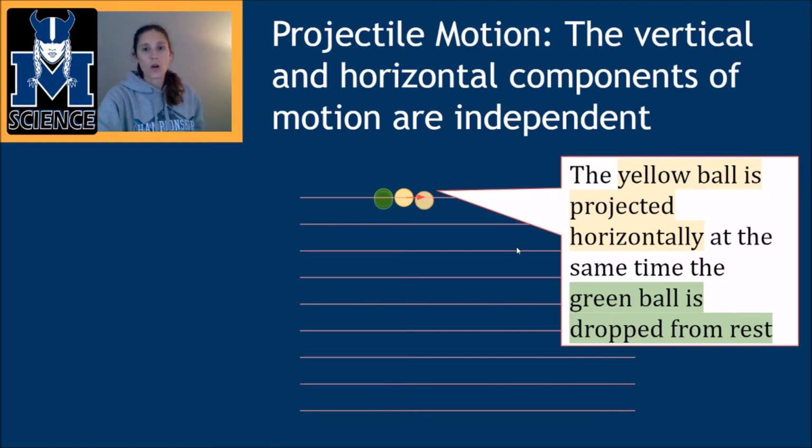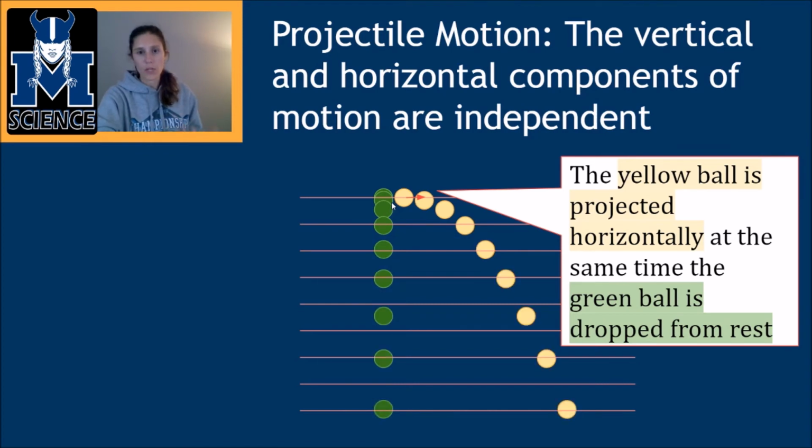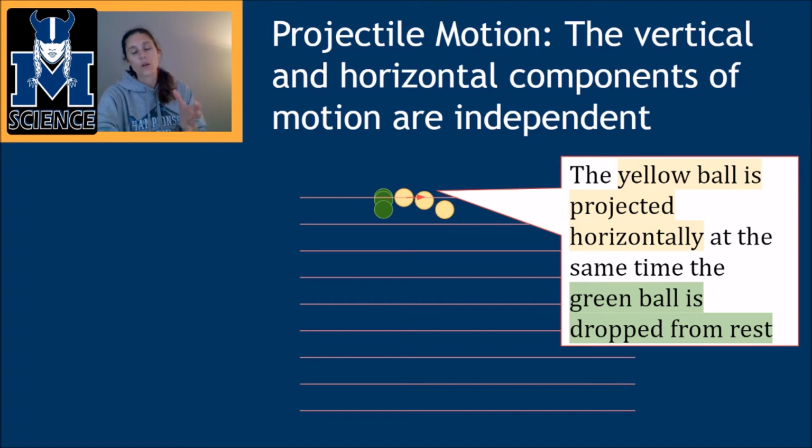Okay, so as they're thrown, if you were to take a snapshot every, like, half a second, and were to track the motion of these two balls if they were released at the same time, you would find that their horizontal position is different, right?